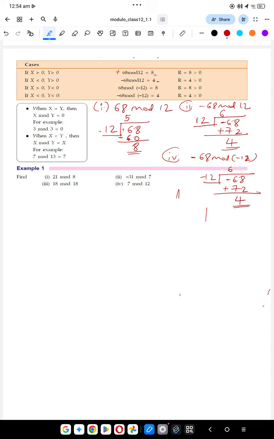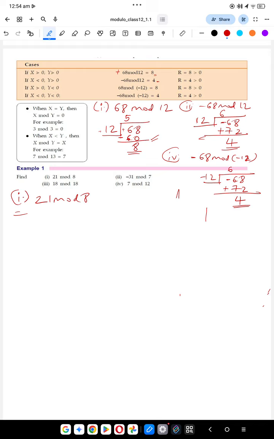So let's solve the first problem, which is 21 mod 8. Now there is no need to do this division; directly with the trick we can solve it orally.